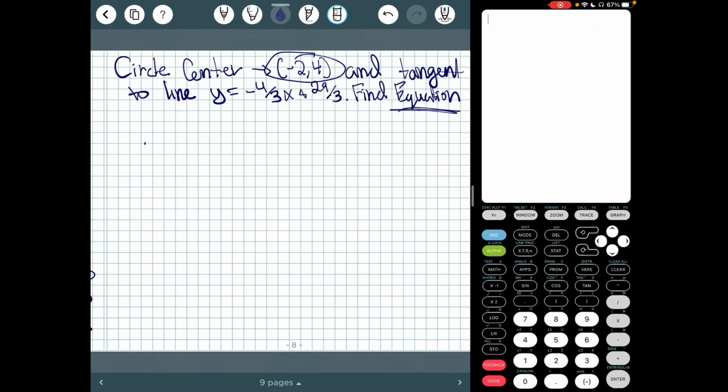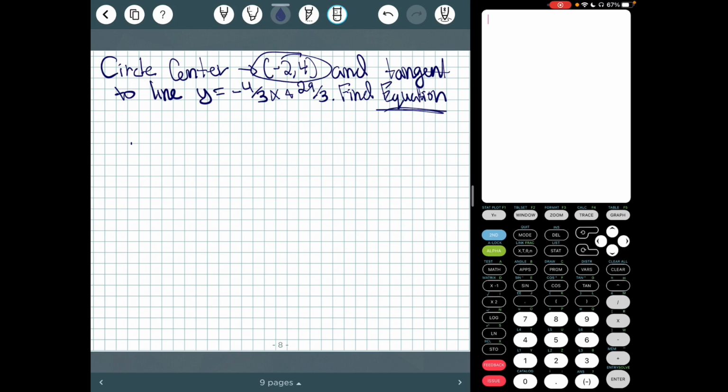Okay, so now for a more complex problem. Here, we're given the center of the circle, which is -2, 4, and a line that is tangent to the circle, and we're asked to find the equation.